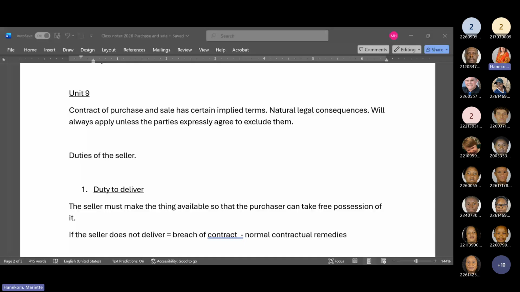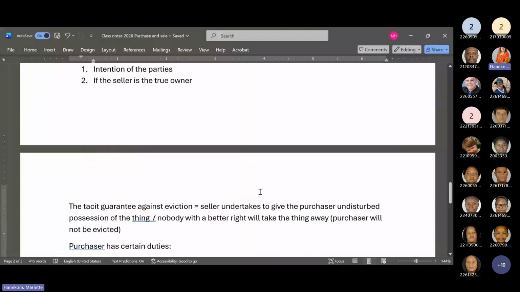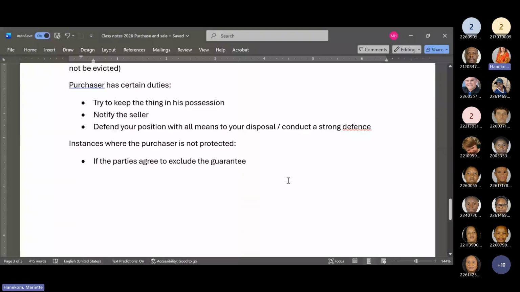Okay, I'm going to pay you $1,000, but I don't know whether I'm going to be able to keep this because maybe it belongs to somebody else. Then she's not going to buy it from me for $1,000. So this guarantee, although theoretically it can be excluded, in practice it would not make sense to actually exclude it. But if it has been excluded, obviously, then the purchaser will not be protected.